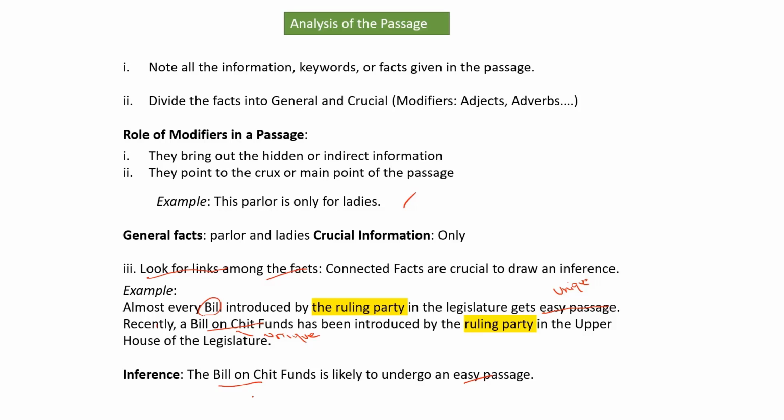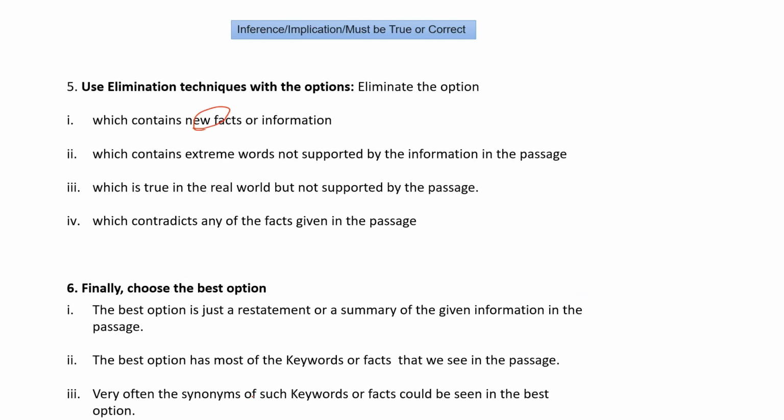We can't. Maybe your common sense says the president's assent is needed for a bill to pass, but don't use your common sense when making an inference. You have to use only the given information. So if an option is talking about the president, definitely I will eliminate it because this option has a new fact which is not present in the passage at all.